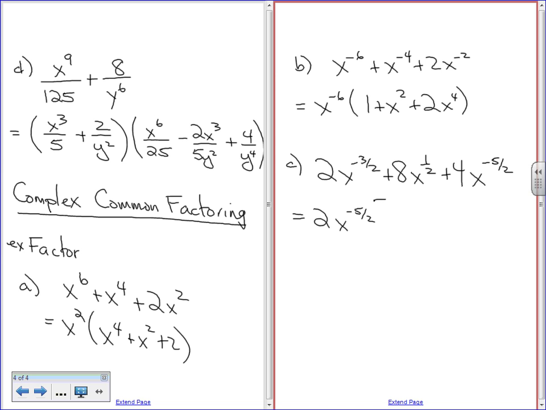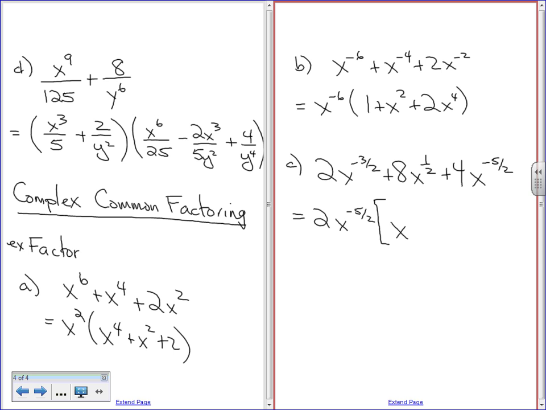So now we're ready for what's left inside. I want to take 2x to the negative 5 over 2, multiply it by a term so that I get 2x to the negative 3 over 2. Well, 2 times 1 is 2, and x to the power of what will give me that? You want to add negative 5 over 2 to something so you get negative 3 over 2. It's just x.